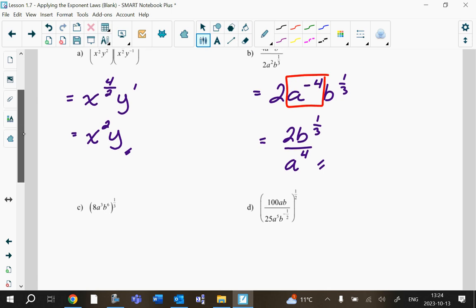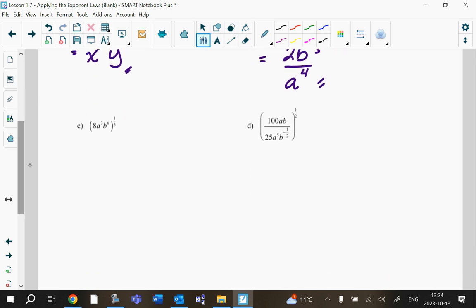Okay, the next one. Many students always have trouble with this one because they forget about this. Remember, you have to raise everything inside to the 1/3.